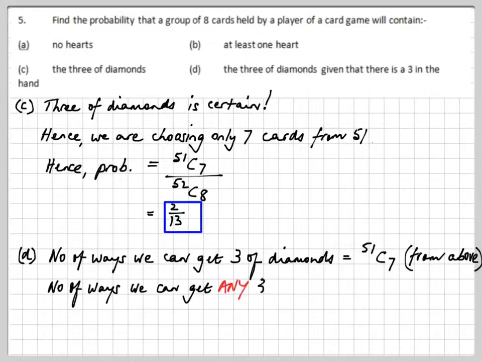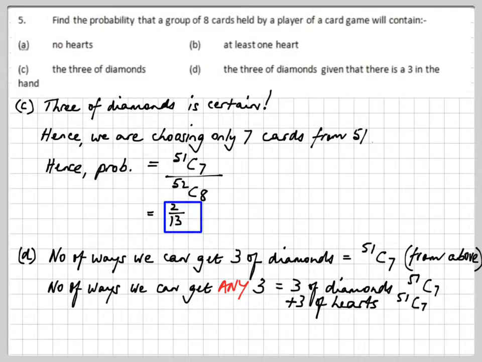Right, the number of ways we can get any 3 is, we could have the 3 of diamonds, which we've got above, that's 51C7. Or we could have the 3 of hearts, which is the same number. Or the 3 of clubs, the same number. Or the 3 of spades, the same number. So that's the total number of ways we can have the 3 of anything, those 4 things added up.